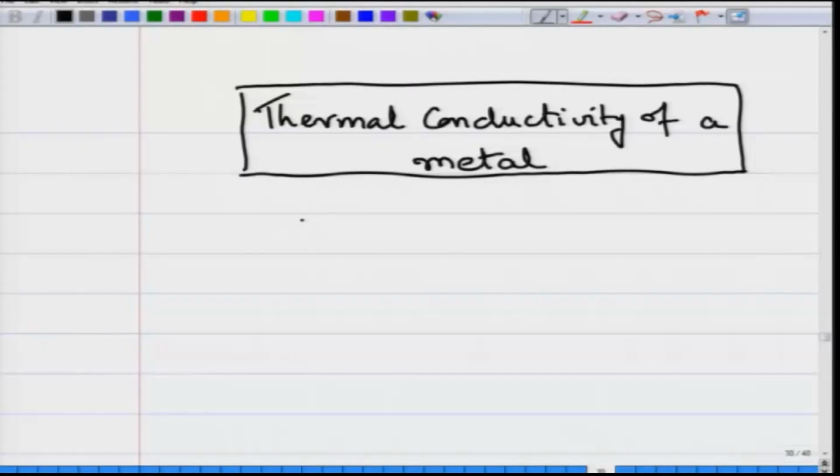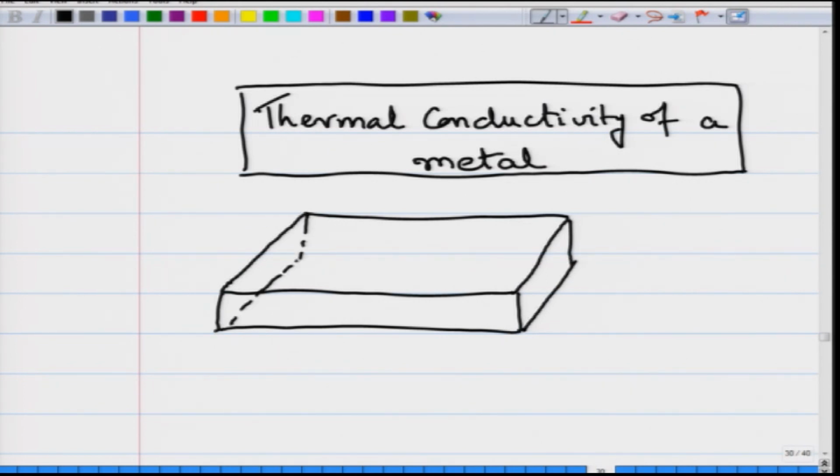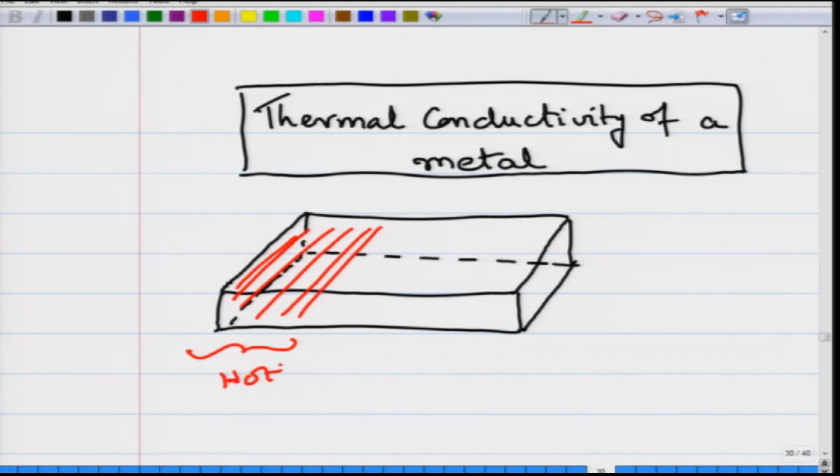Thermal conductivity is related to having a metal which has a hot and cold end. Let us take a piece of metal and you have a hot end and a cold end, and let us say one end of it is hot, this is the hot end, and you have another end which is cold.